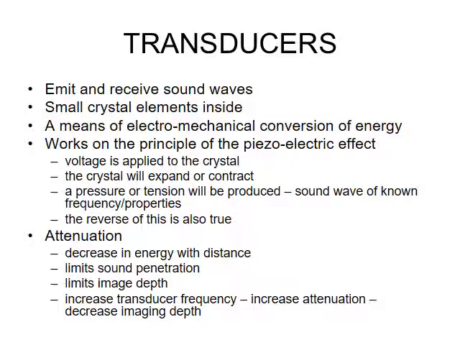So your 5 megahertz transducer will not penetrate as deep into the body and give us an image as deep as our 3 megahertz transducer. But our 5 megahertz transducer gives us better detail. So this is always a trade-off, detail versus depth of image.